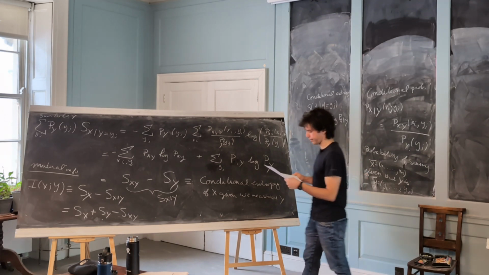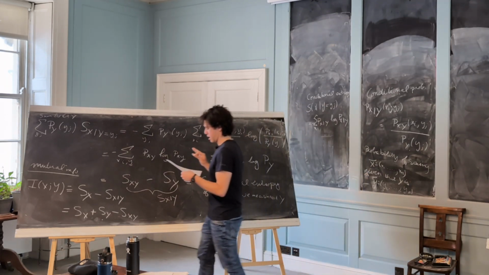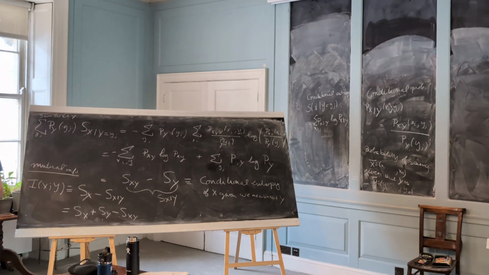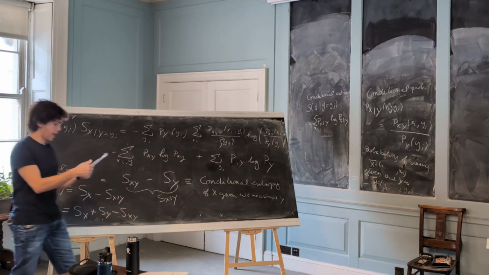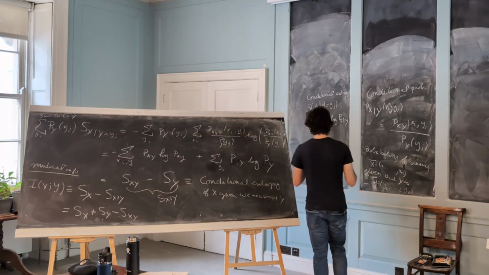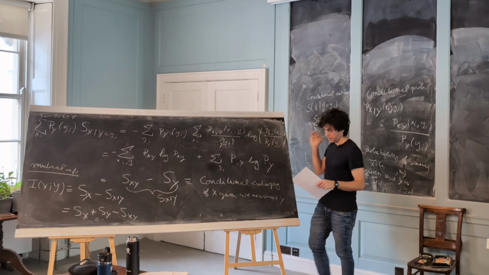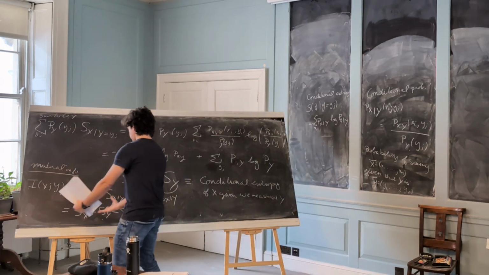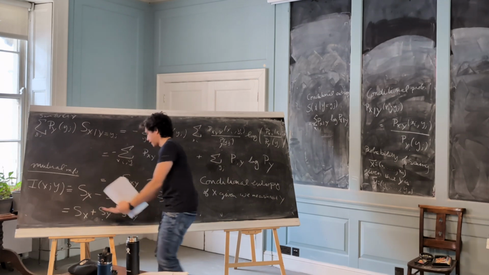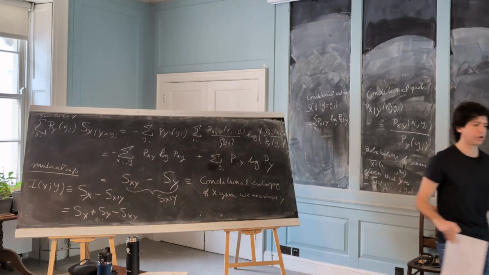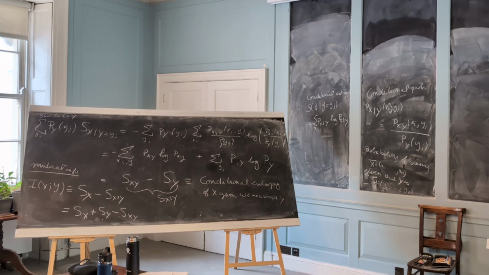So the mutual information is a symmetric quantity, as you can see, between x and y. Since it's symmetric, this applies to either x or y, and it tells you the amount of information that you learn about one system, given that you've measured the other.